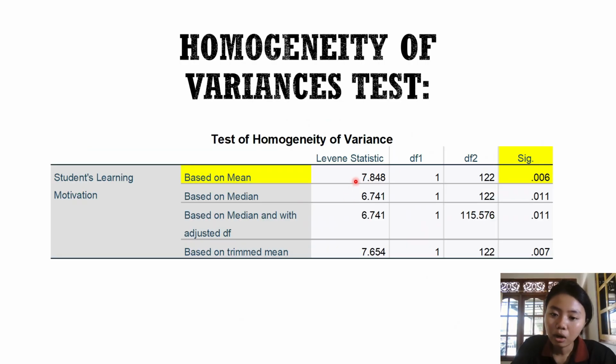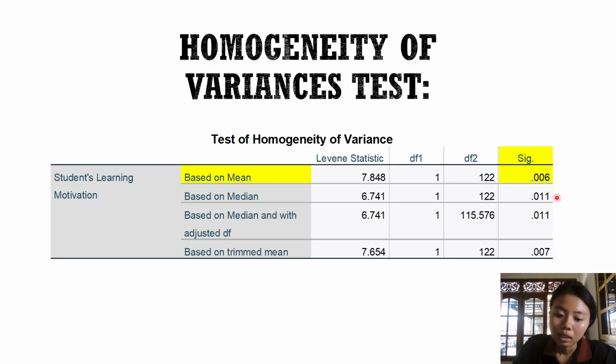Next, for the homogeneity of variances test. For this test, we need to only focus based on mean, and we can see the p-value or the significant value first. The p-value is signed by sig right here. As you can see, the significant value of my data is 0.006, or it is less than 0.05.